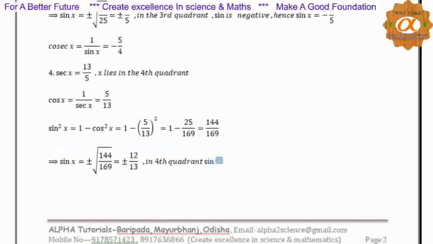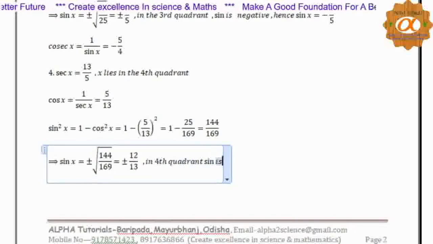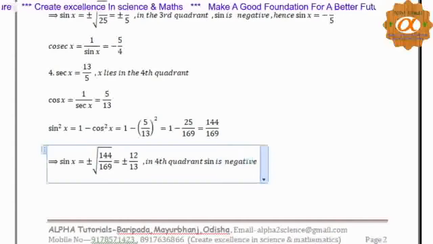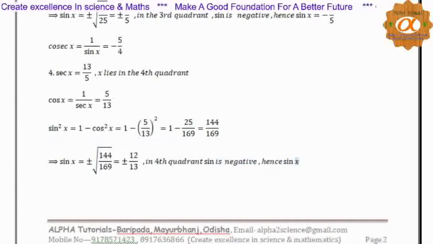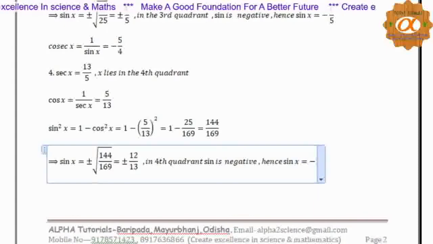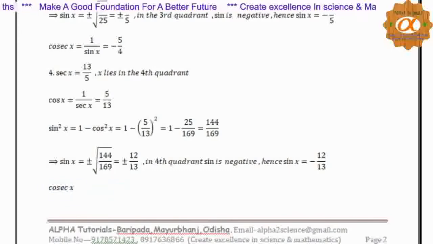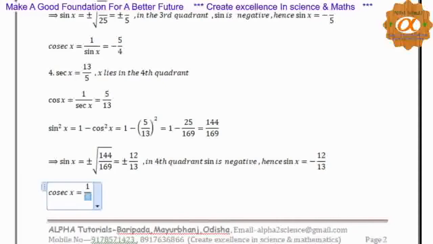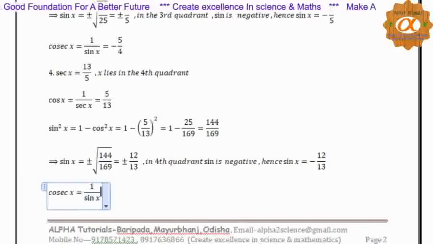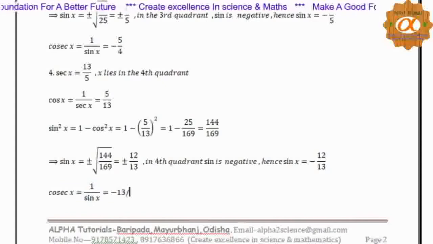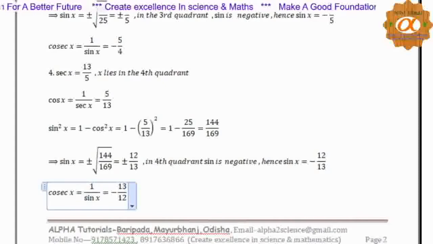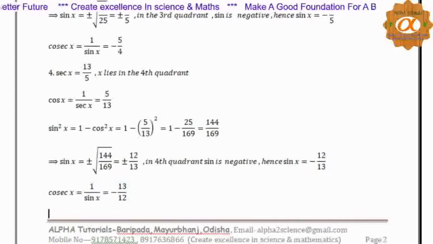In the fourth quadrant, sin is negative, hence we take sin x is equal to minus 12 by 13. That means cosec x is equal to 1 by sin x, the reciprocal of sin x, is equal to minus 13 by 12. Now we have to calculate tan x.